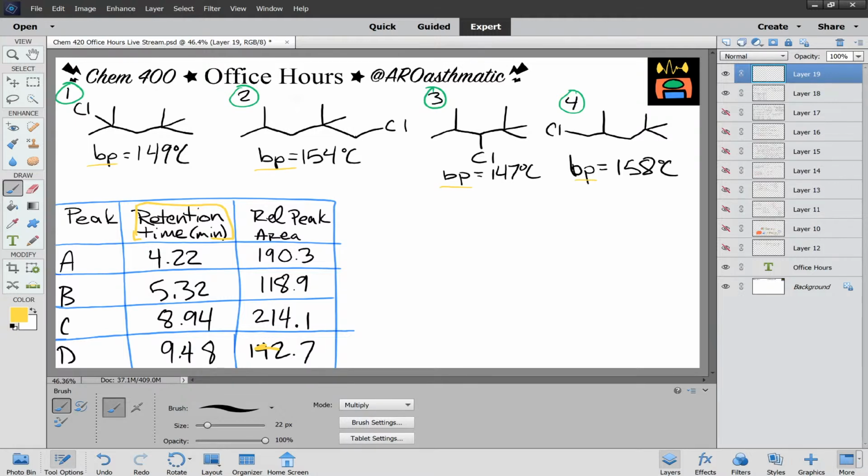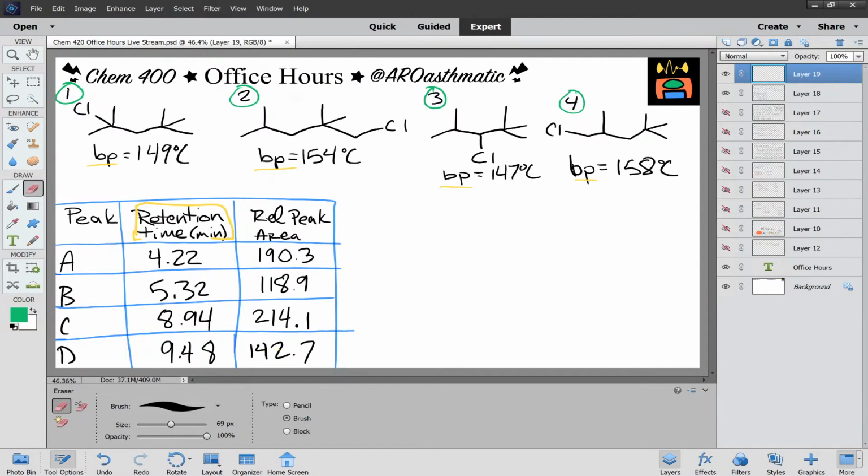The lowest boiling compound comes off the GC first and has the lowest retention time. The highest boiling compound comes off the GC last. I messed up my boiling point down here.